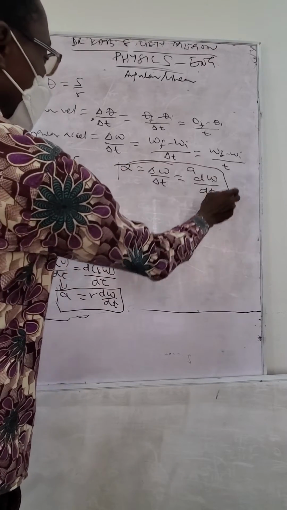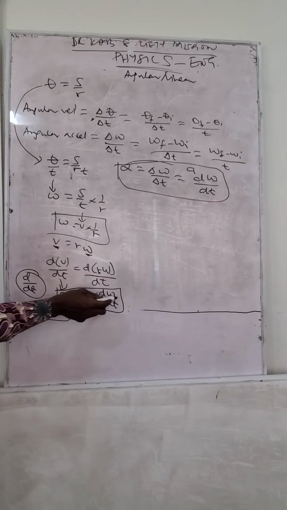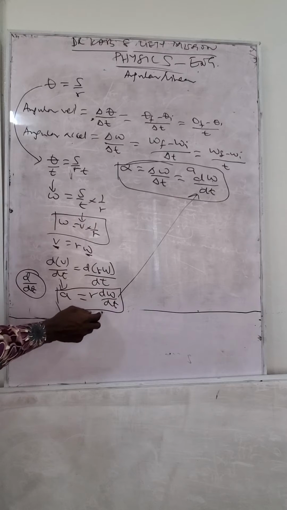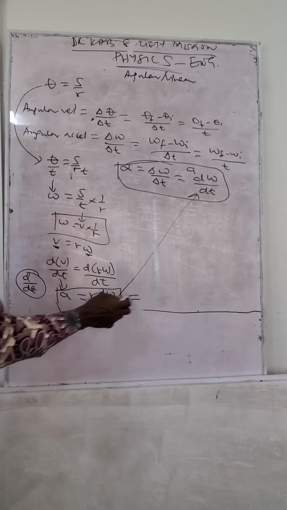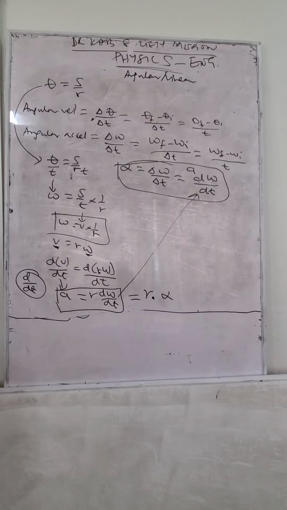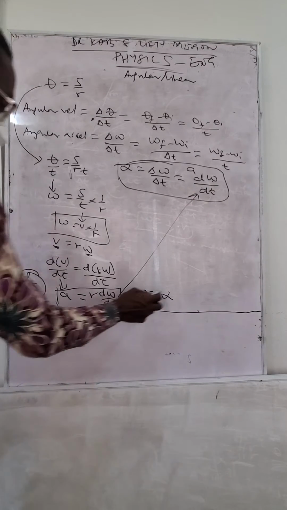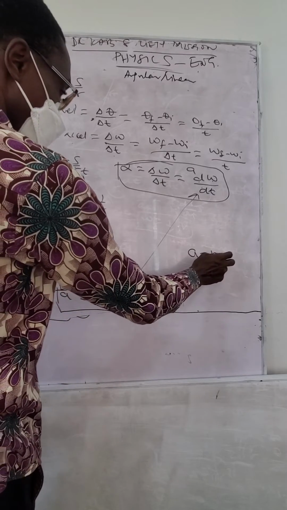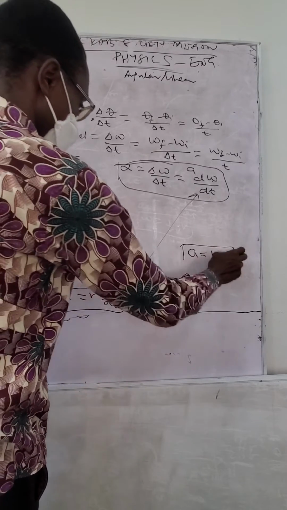This is the same expression. Okay, if I look at it, this is what you have here. It's the same as this one. So it means this expression can be rewritten as r times angular acceleration, so that a is equal to r times angular acceleration. This is another equation.